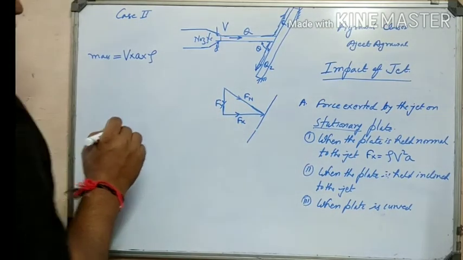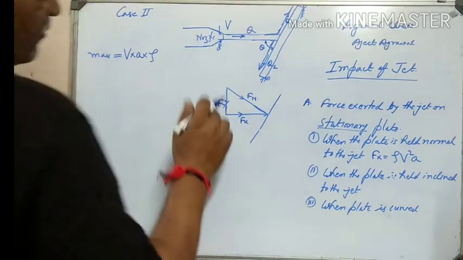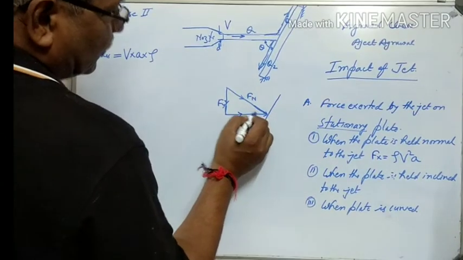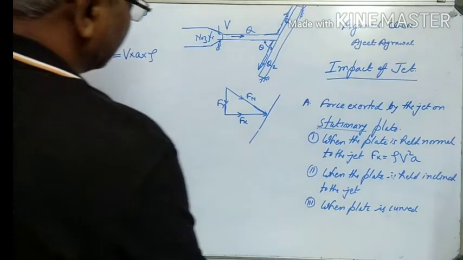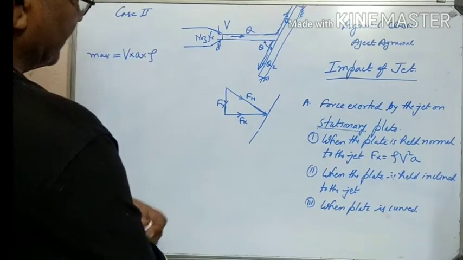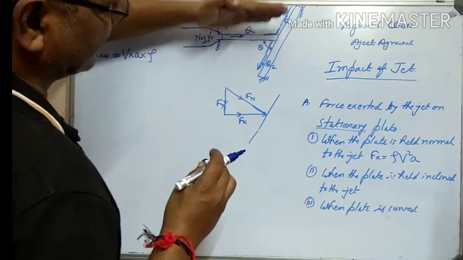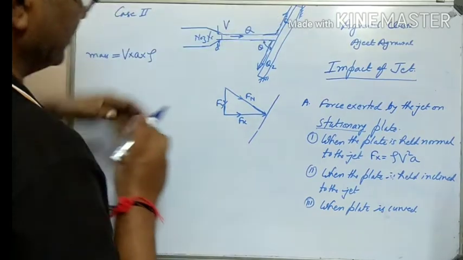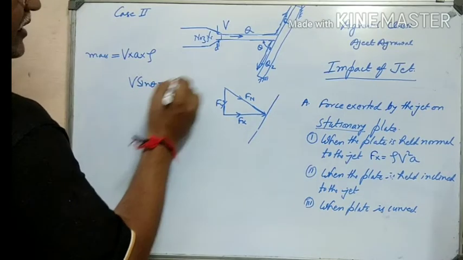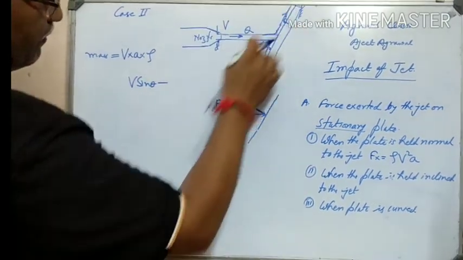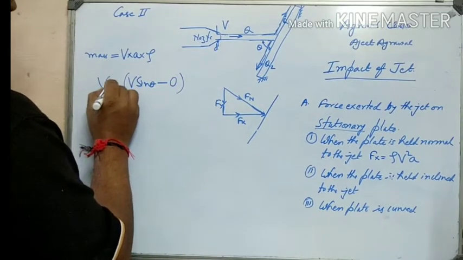Now to find the force, we'll first find the force exerted by this jet normal to the plate. In this case, the initial velocity normal to the plate will be V sine theta, and the final velocity perpendicular to the plate will be 0, into the mass, that is V A rho.